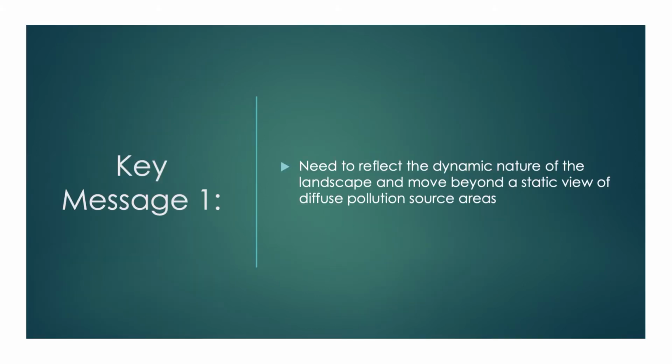So the first key take-home message I want to leave you with is that we need to reflect the dynamic nature of the landscape in our analysis and not rely on static published land cover maps such as the CH land cover map, for example.